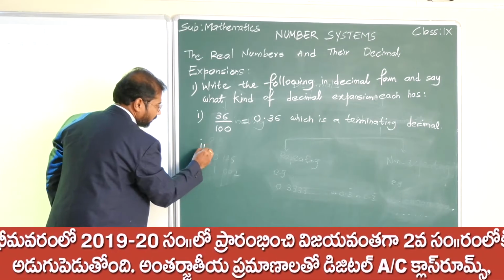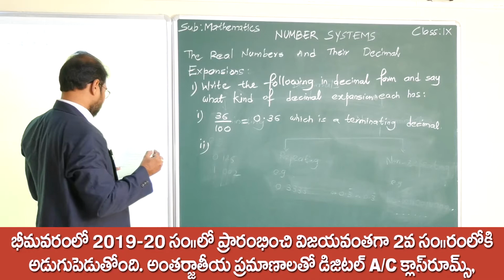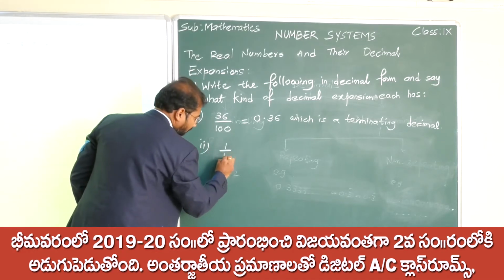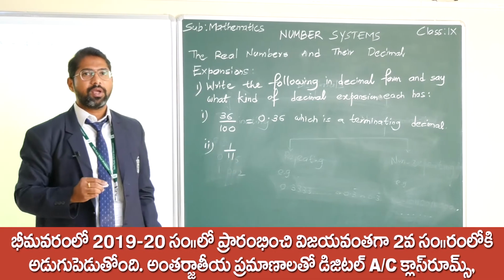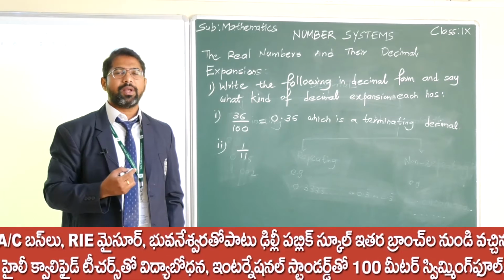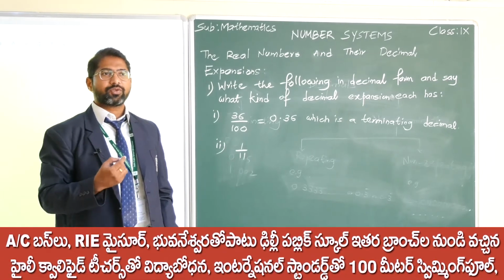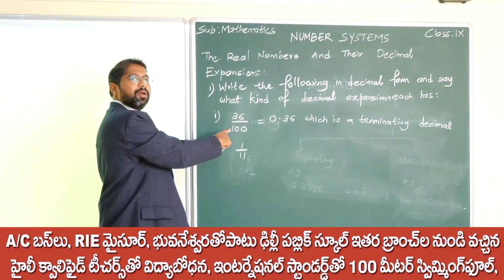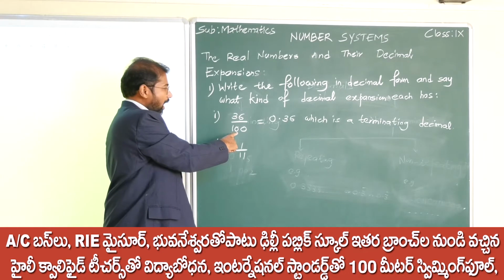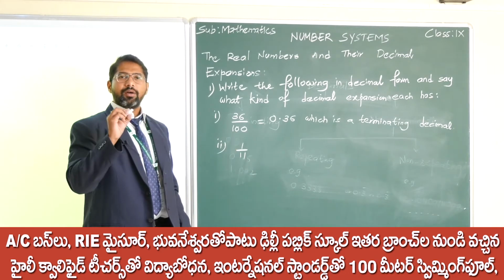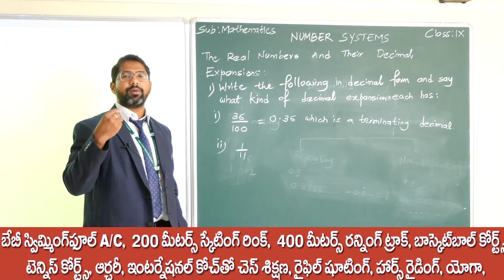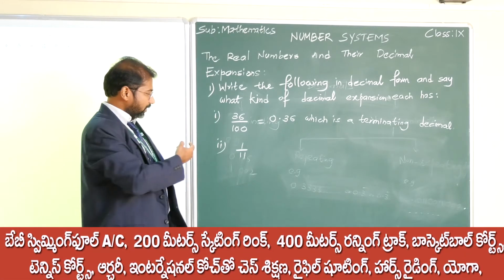Let's go to the next example, which is 1 by 11. Here the numerator is 1 and the denominator is 11. So I cannot use the same method. Here the denominator 100 can be written as 10 square, it is a power of 10. But 11 is not.